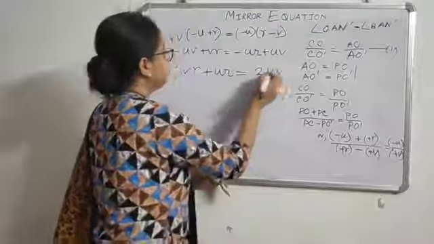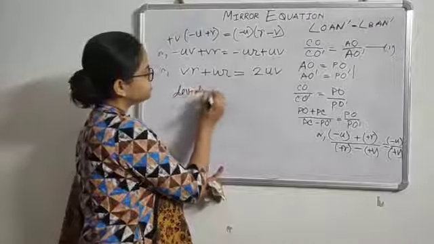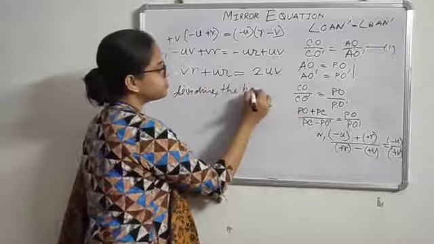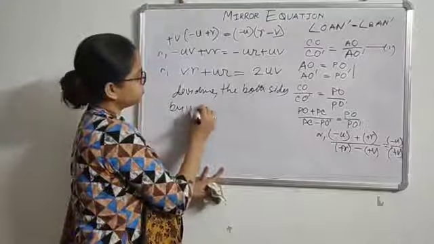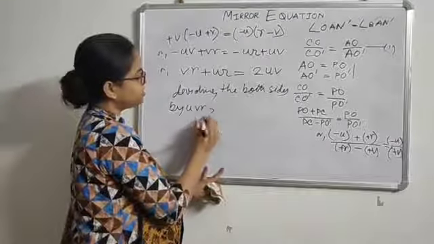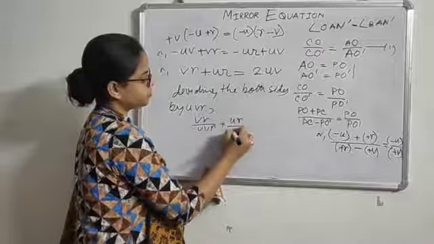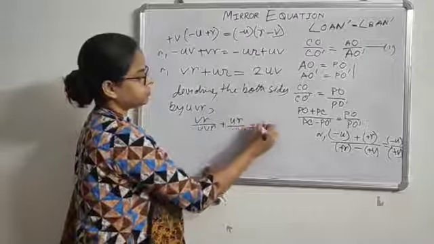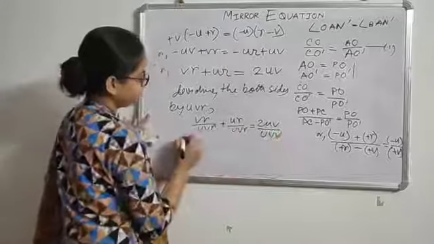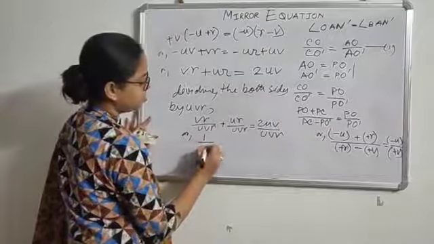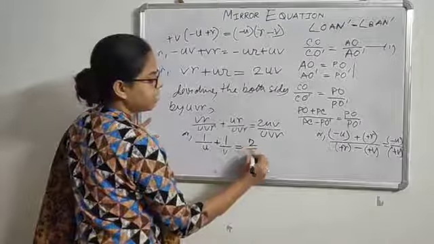Dividing both sides by UVR, we get 1 by U plus 1 by V equals 2 by R.